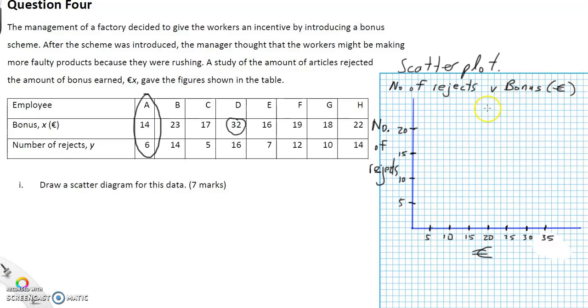So we're trying to see, is the bonus affecting the rejects rate? Anyway, so we go back now, we're ready to go. Employee A had 14 rejects, so it's going to be up near the 15-ish up here, and I got 14 euros as a bonus.